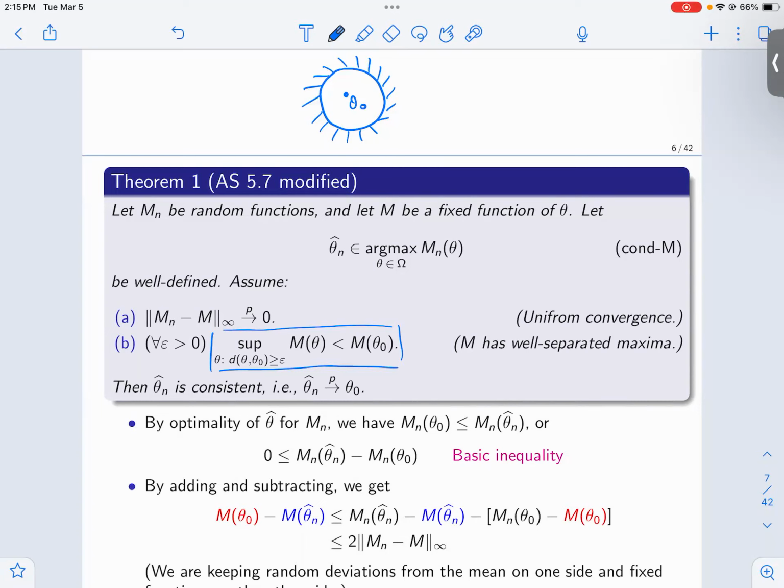Okay, and this happens for every epsilon. So it's slightly stronger than maximizers being unique. So theta naught is the maximum because the value of the function at this center is bigger than outside. Okay.